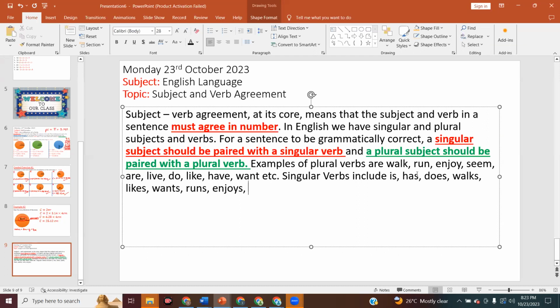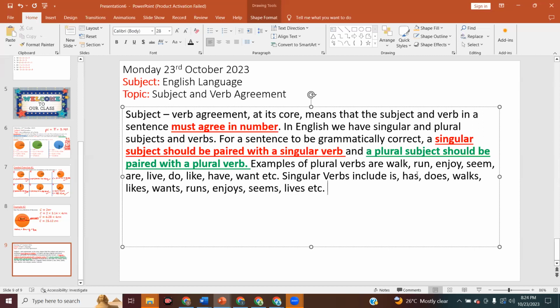For seem, it would be what? Seems, very good. And for live, it would be what? Lives. Okay, etc. So what's weird is that plural verbs don't have the S. Singular verbs have the S. So that's what you have to get in your mind when you're thinking about subject and verb agreeing.